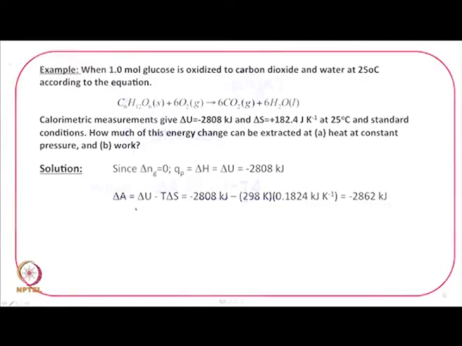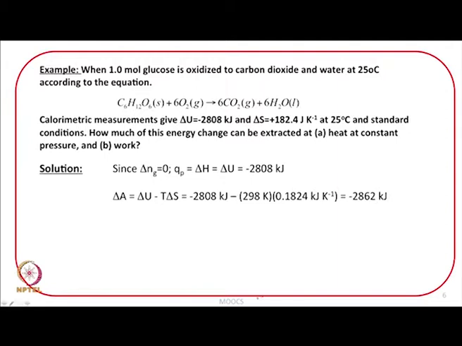So, delta A will be equal to minus 2808 kilojoules minus T times the entropy change in kilojoules per Kelvin, and the overall value we get is minus 2862 kilojoules.